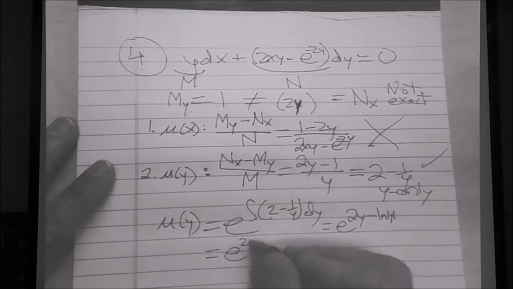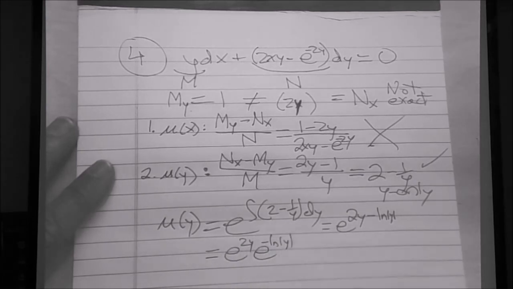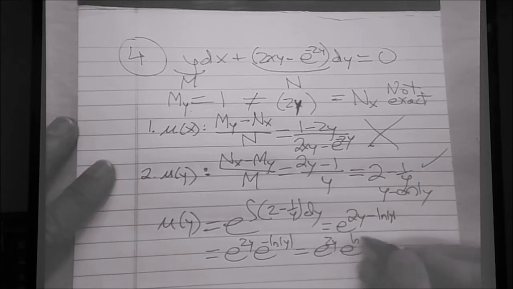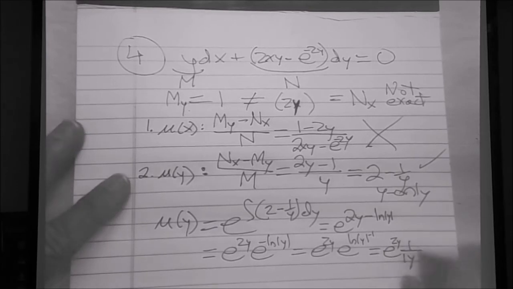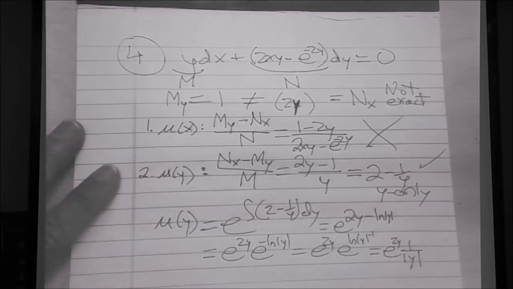This is e to the 2y times e to the minus ln absolute value of y, which is e to the 2y times e to the ln of y to the minus 1 using algebra. And e and ln undo each other, so this is e to the 2y times 1 over absolute value of y. There's an integrating factor for you.